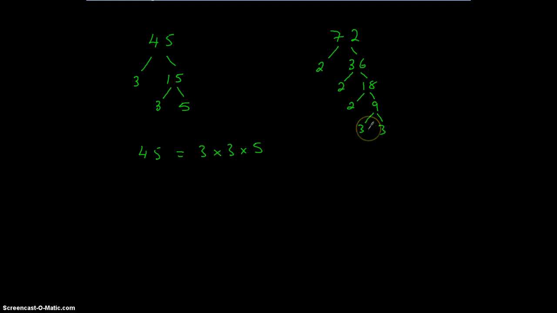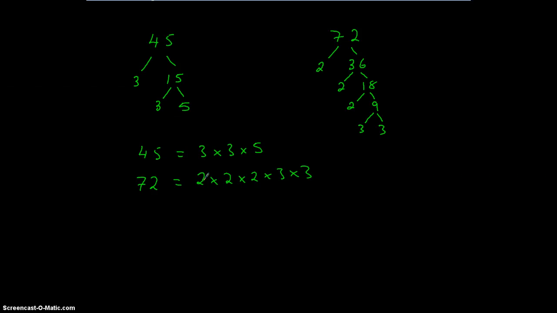They're both prime numbers, so that's the end of the process. Now I'm going to write 72 directly underneath the 45, and that was 2 times 2 times 2 times 3 times 3. So 72 can be written as the product, multiplication there, of its prime factors.